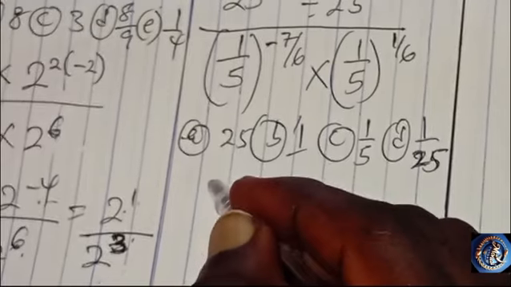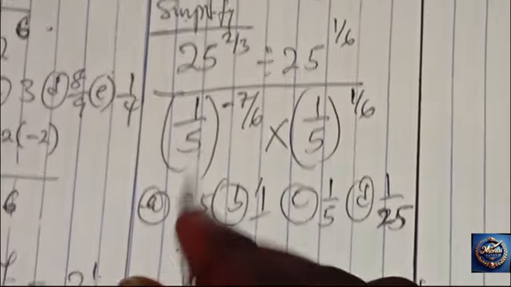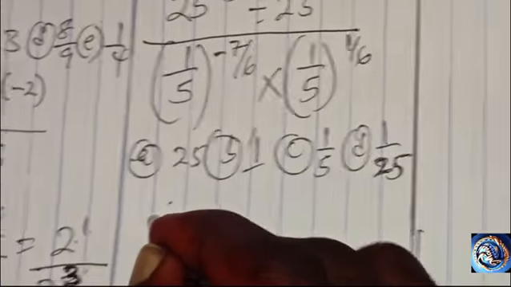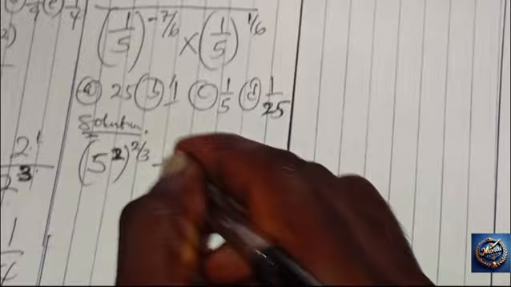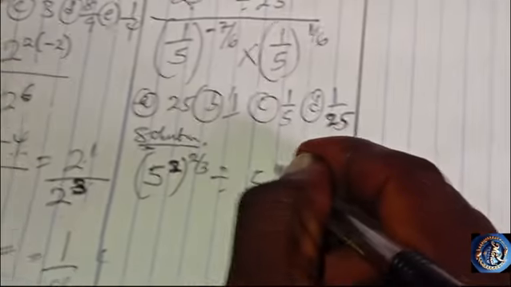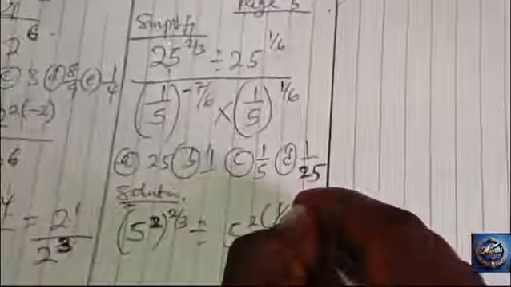So I'll start by solving this. I'll put the 25 in the power of 2. Let me write solution so that you can know. So we have 5 raised to the power of 2, then raised to the power of 2 over 3, then divided by 5 raised to the power of 2 again with the power of 1 all over 6.